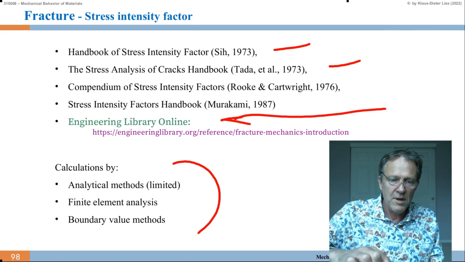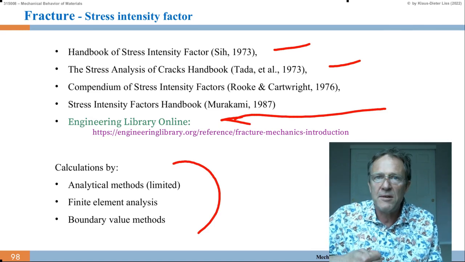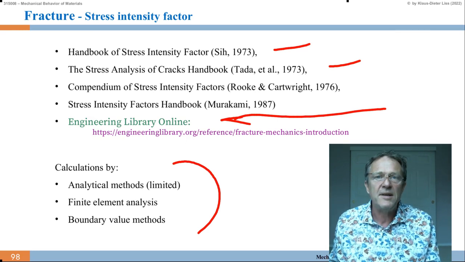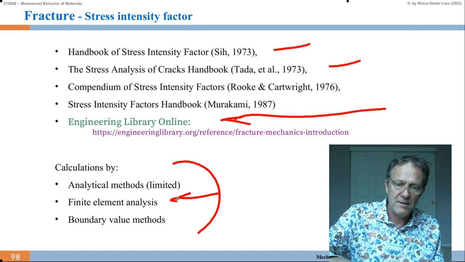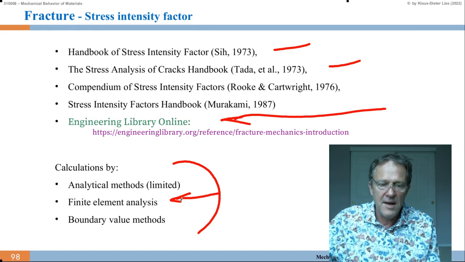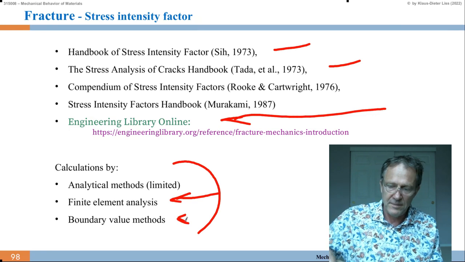And of course, there are calculation methods, analytical methods. We introduced a few analytical methods here, but this is very limited. Other more complex situations are done on the computer by finite element analysis. This is very powerful, and the boundary value methods.